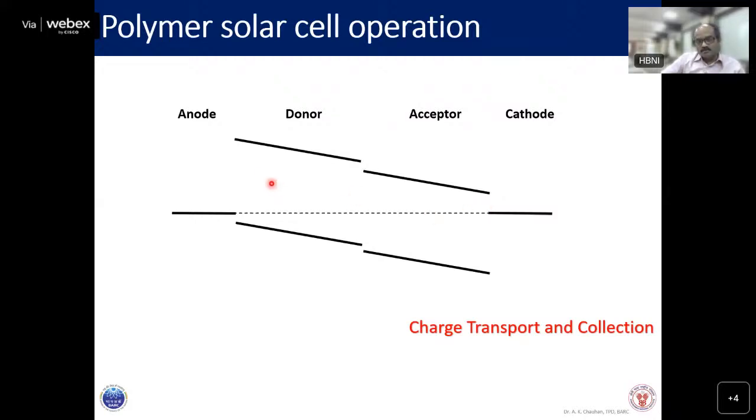Out of so many excitons, only some will move towards the junction, where the electron hole pair will get separated after the exciton is dissociated, and then once they are separated, they can move.